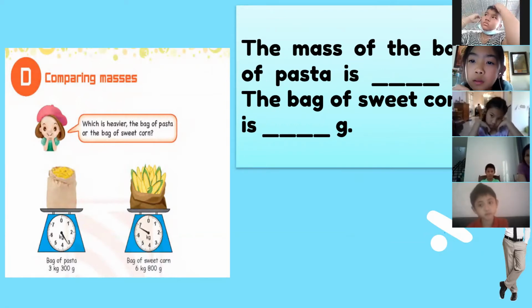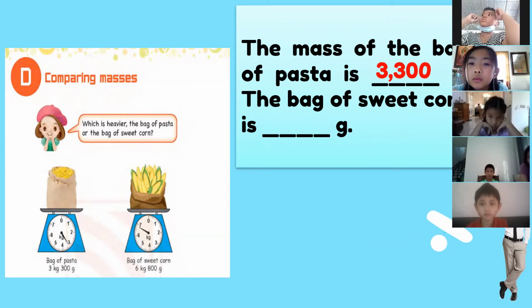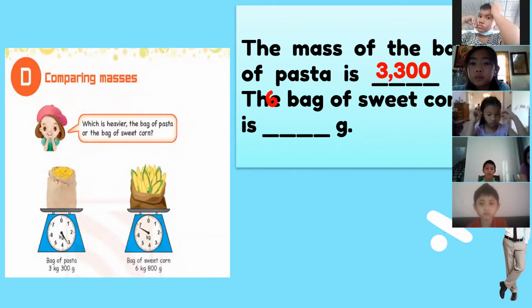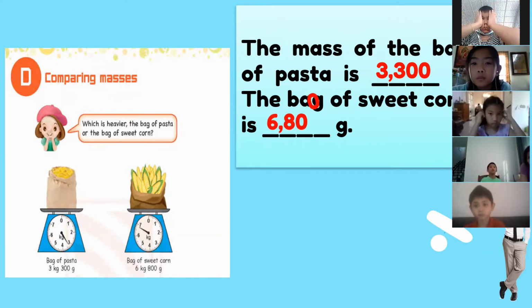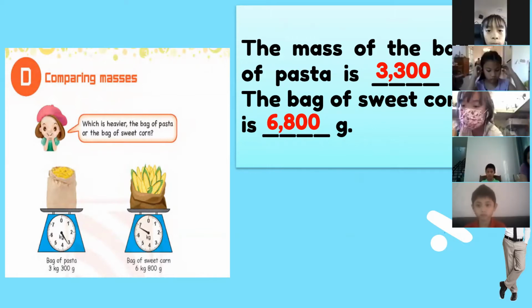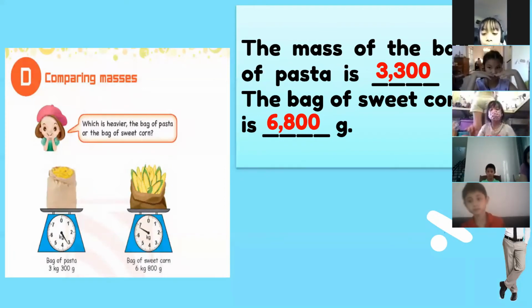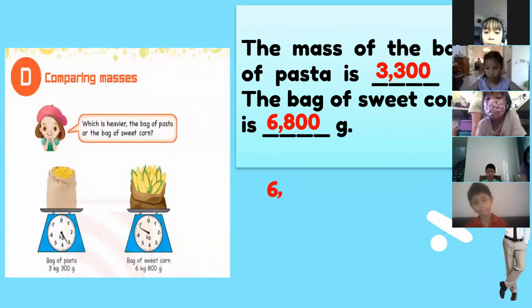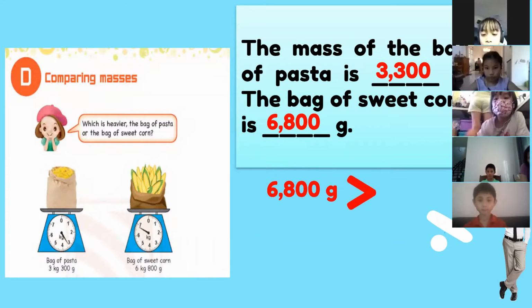Okay. Yes, you're right. So the mass of the bag of pasta is 3,300 grams only, while the bag of sweet corn is 6,800 grams. Why am I doing this? I change kilograms to grams because when you do this, you will know which is the bigger number.